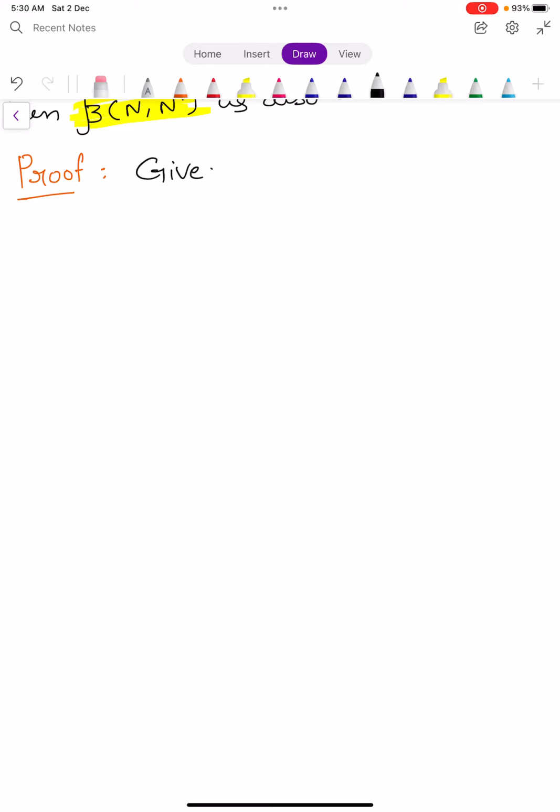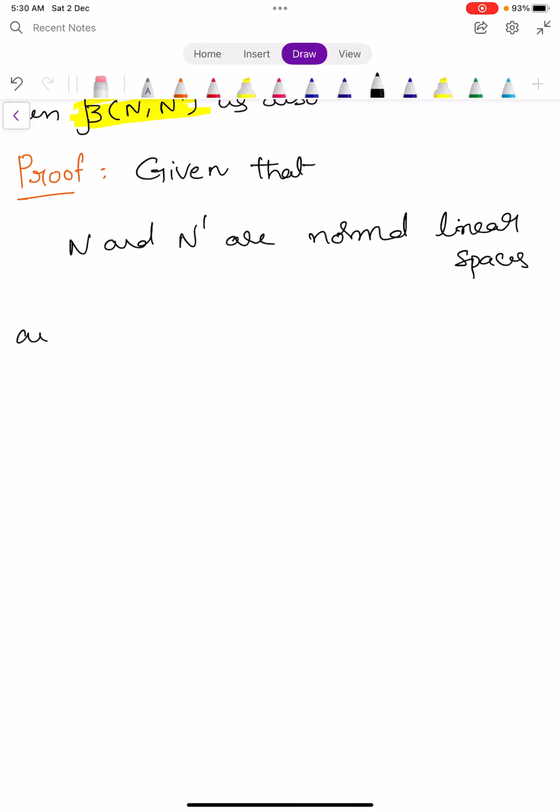They are given that N and N dash are normed linear spaces, and there is a symbol script B of N comma N dash.